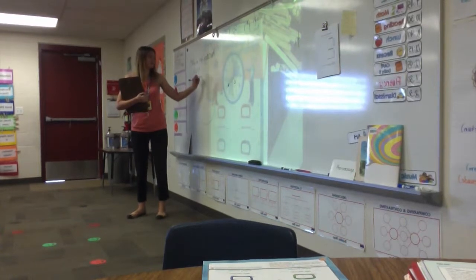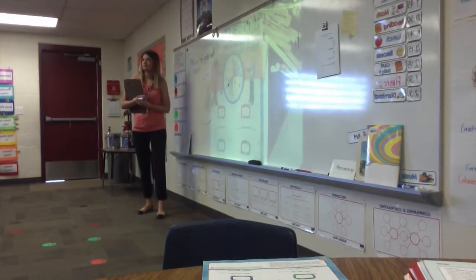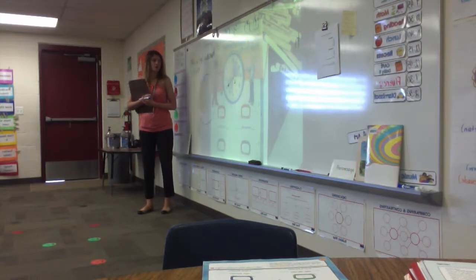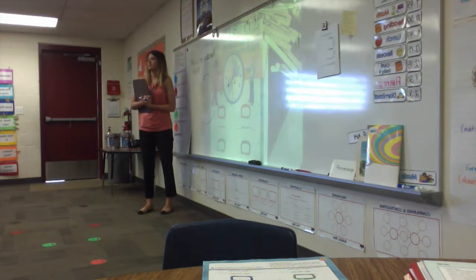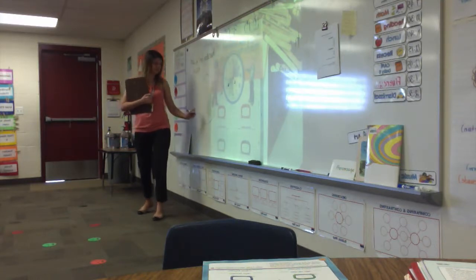So, everybody put a 12 at the top. Okay, let's actually put a dot in the middle. That's the center of our clock. Directly below our 12, let's put a 6.